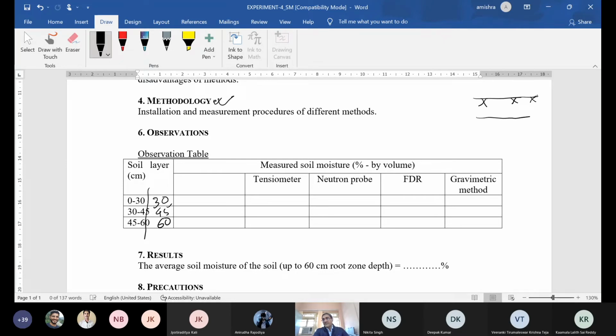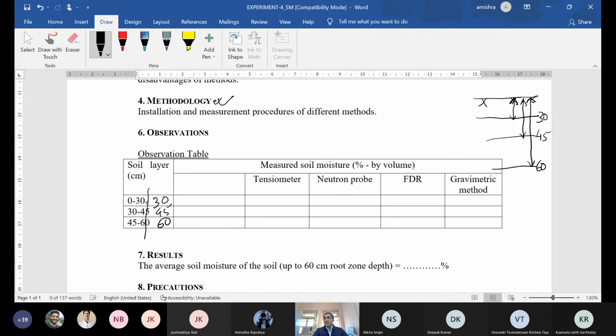We have layers, say 30 centimeter, 45 centimeter, and 60 centimeter. If we are interested in finding the average moisture content of the 30 centimeter layer, the 45 centimeter layer, and the 60 centimeter layer, each has a different meaning.